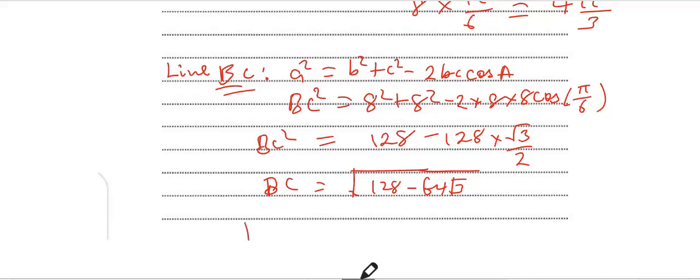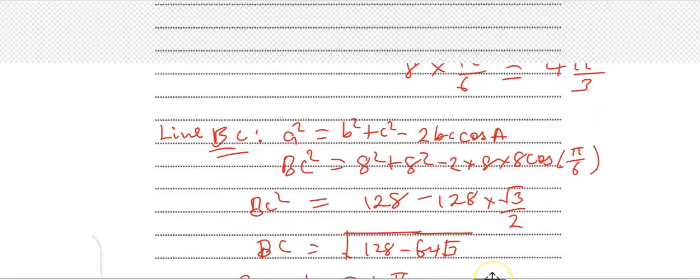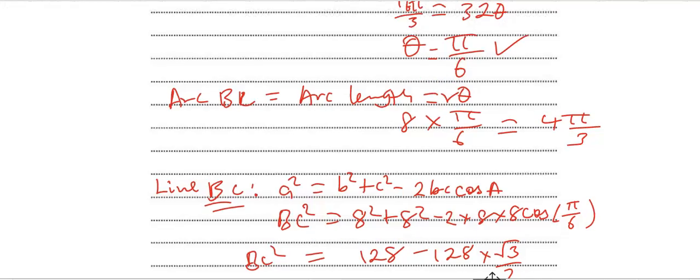So the perimeter therefore is going to be 4 pi over 3. Remember, we got 4 pi over 3 when we looked at the arc length, that is the arc of BC, which is given by r theta.